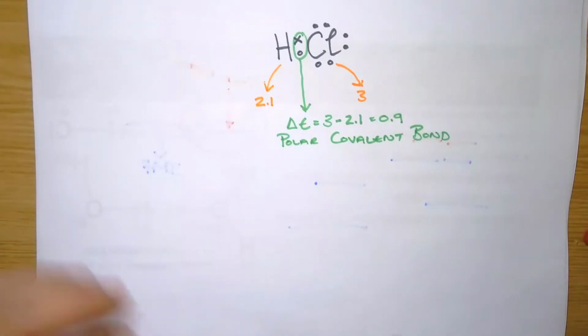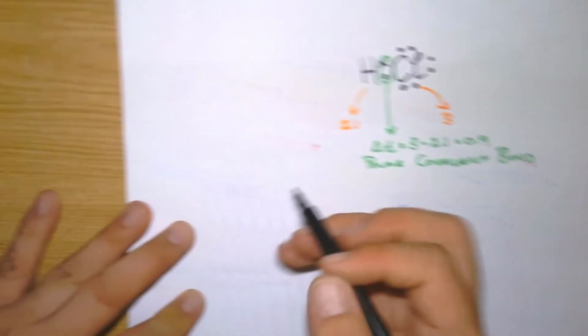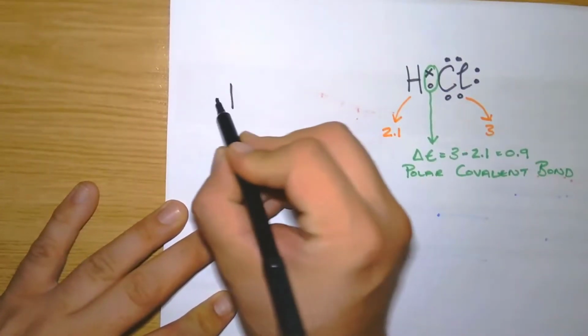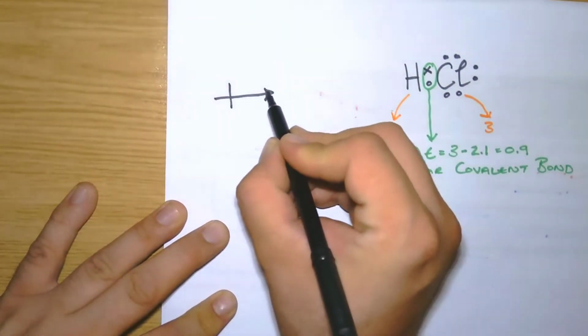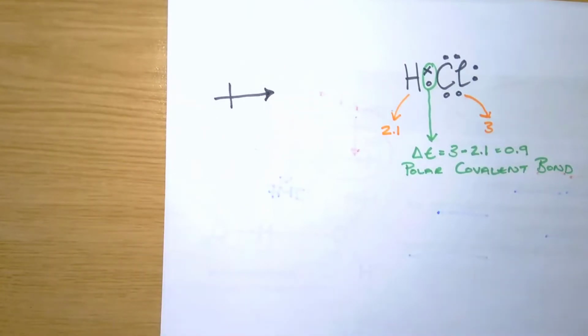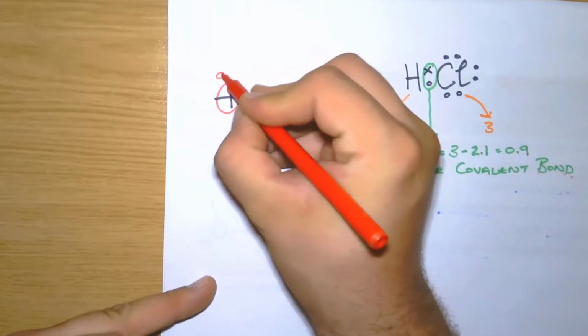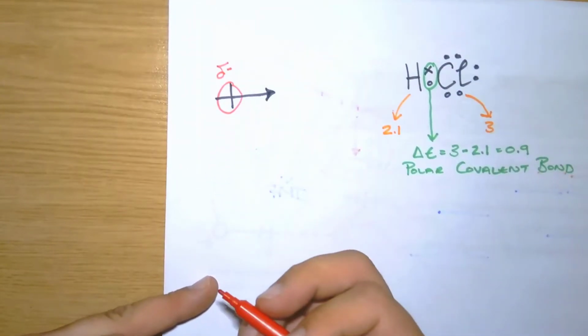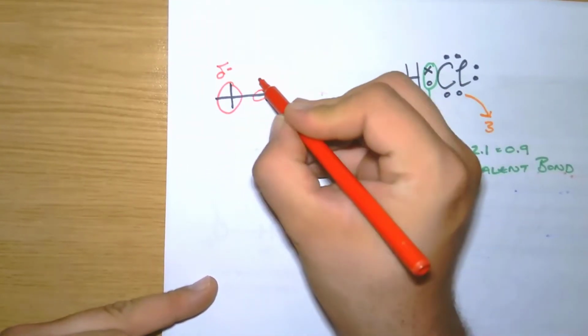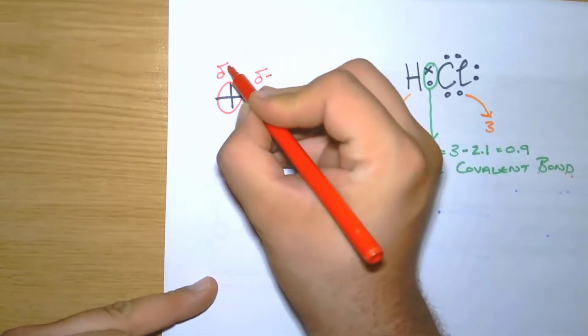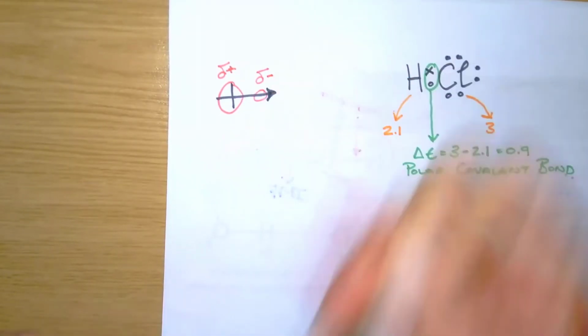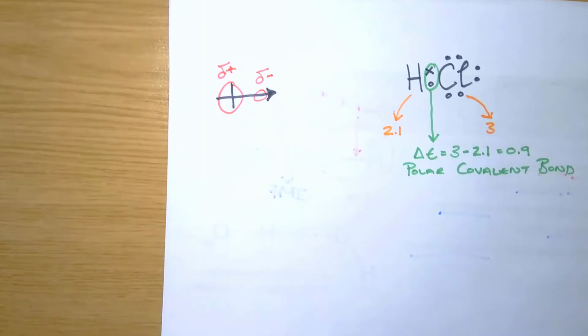Also from previous work we learned how to show a dipole moment with this little arrow, and the reason we use it is that it indicates the slightly positive part and the slightly negative part. So it shows us our partial charges.